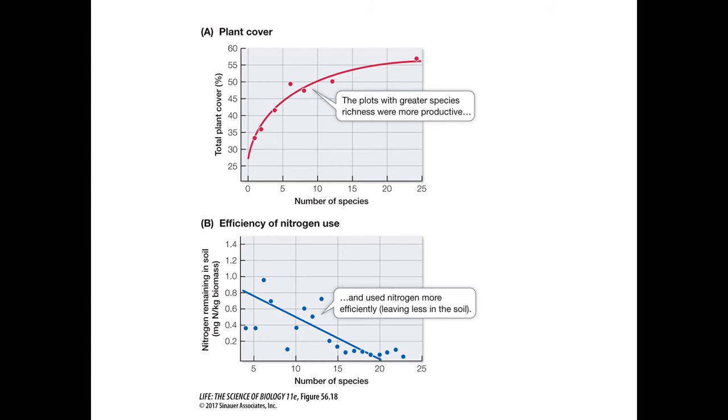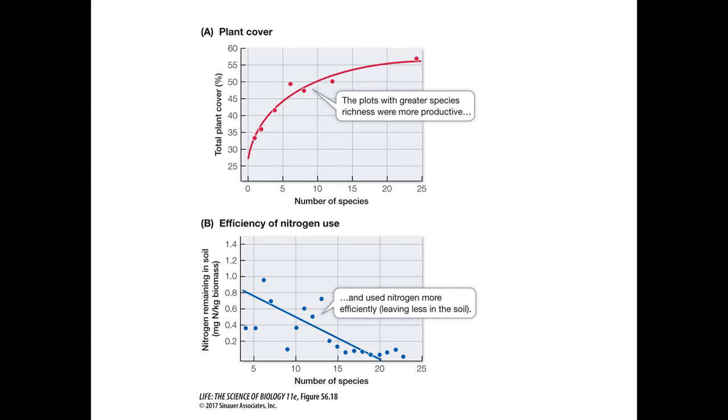These two graphs are illustrating this idea. In the first figure on top with the red line, on the x-axis we have the number of species, ranging from 0 to 25, and on the y-axis we have total plant cover. The researchers took experimental plots and completely cleared them of all plant cover to mimic a disturbance that wiped out everybody. Then they replanted them with varying numbers of species, from 0 species or 1 species or 2 species, all the way up to 25 species.